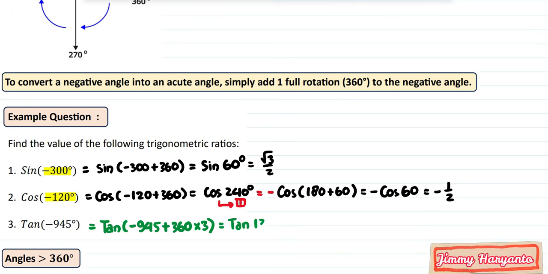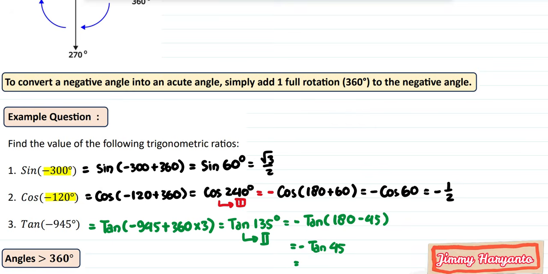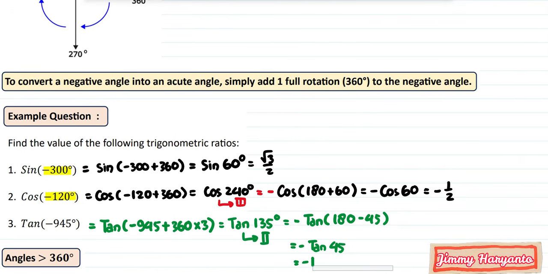The answer is 135 degree. 135 lies in the second quadrant. Tangent in the second quadrant will become negative. Then I will use 180 as the reference. So it's 180 minus 45. That means you can ignore the 180. You have tangent 45 only. And it's equal to negative 1.